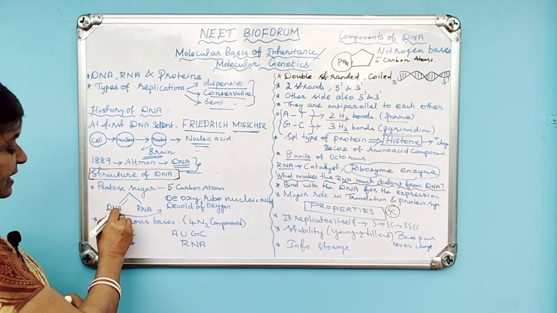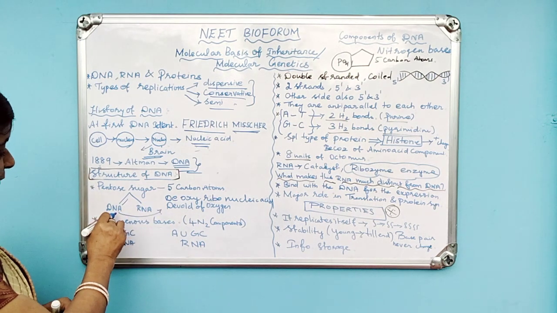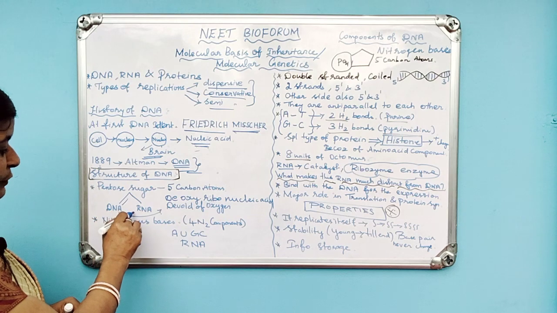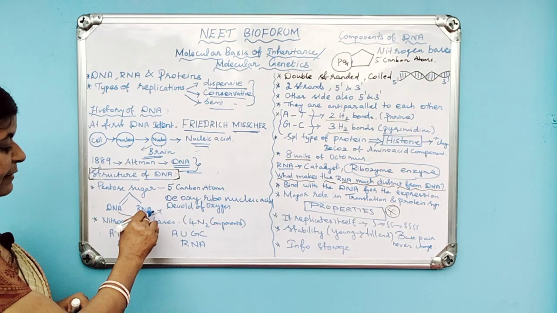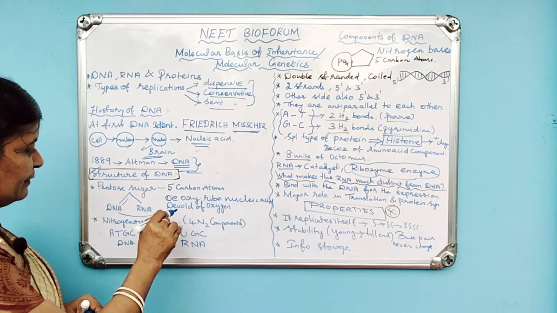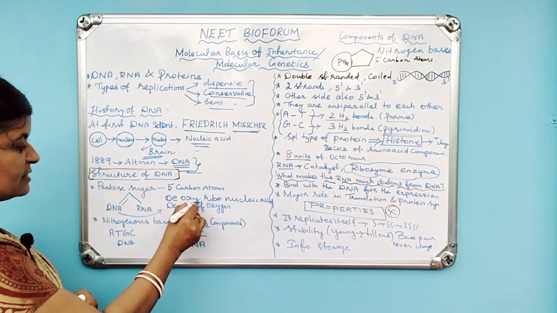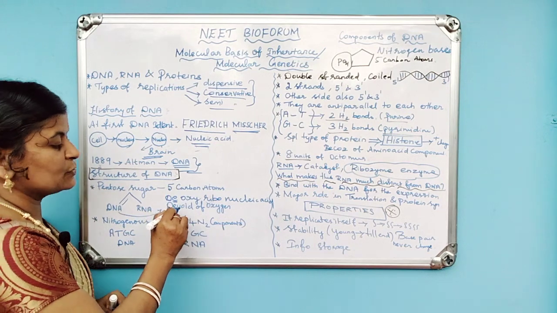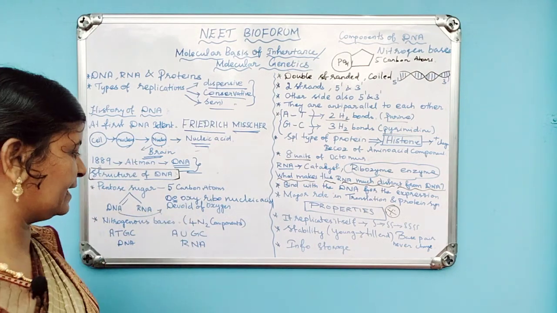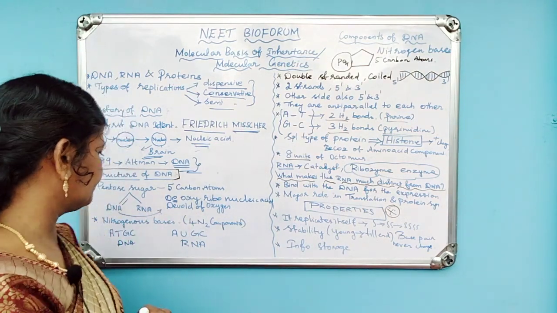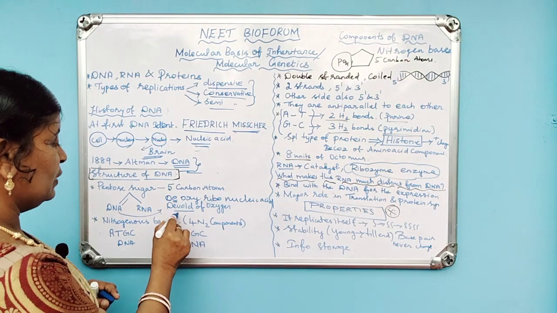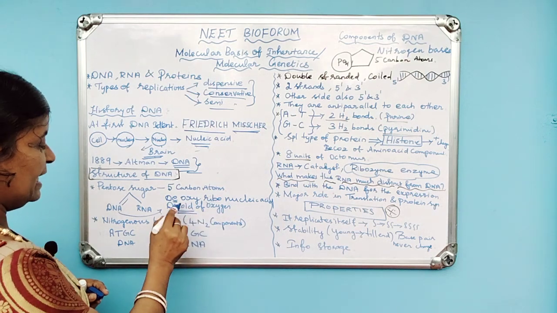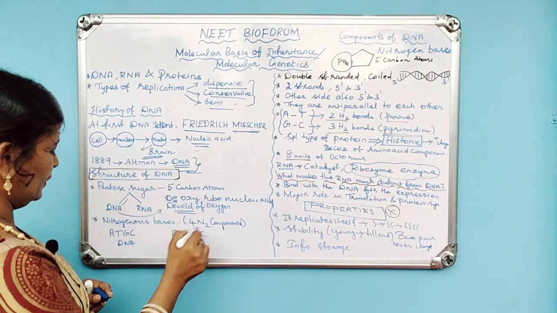DNA means deoxyribose sugar, deoxyribonucleic acid, and RNA means ribose nucleic acid, with ribose sugar. In deoxyribonucleic acid, the D means devoid of oxygen: one oxygen is absent.